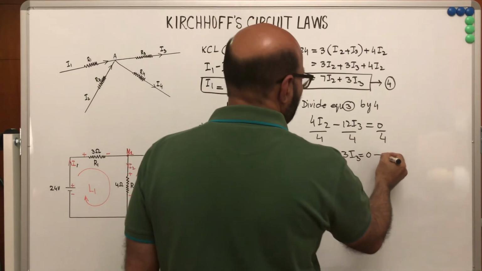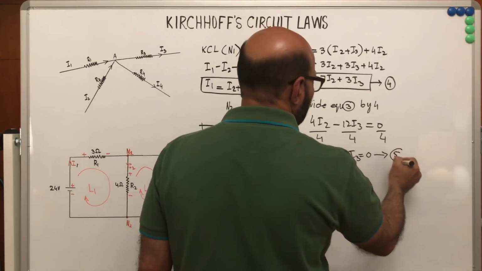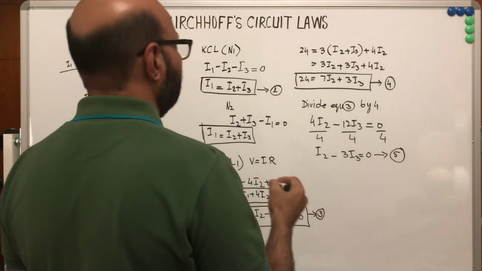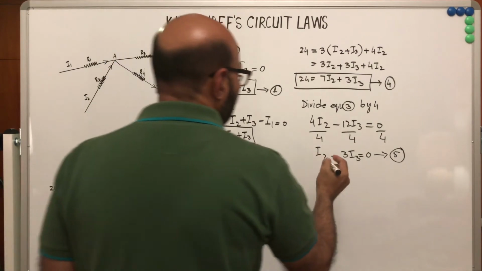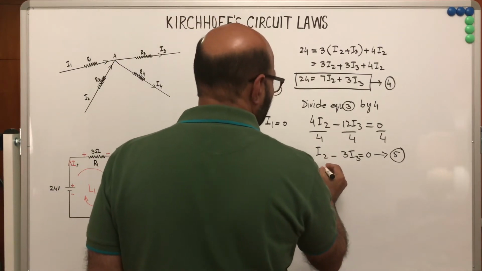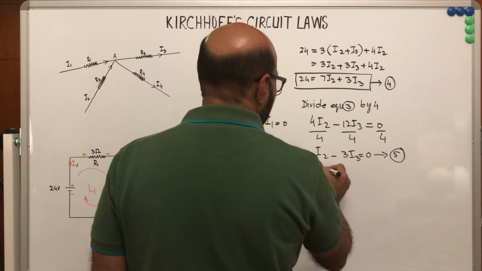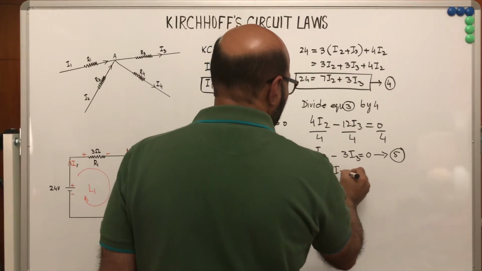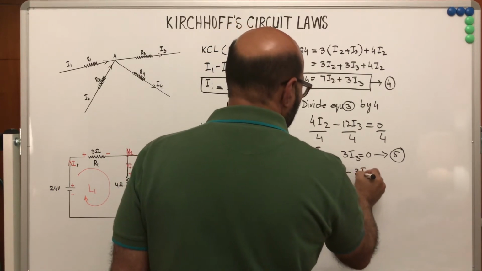So this is our equation 5. Or we can also rewrite this: 0 equals I2 minus 3I3.